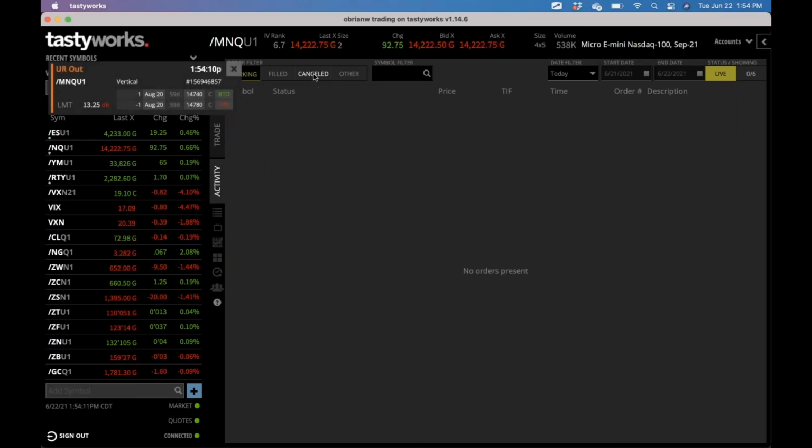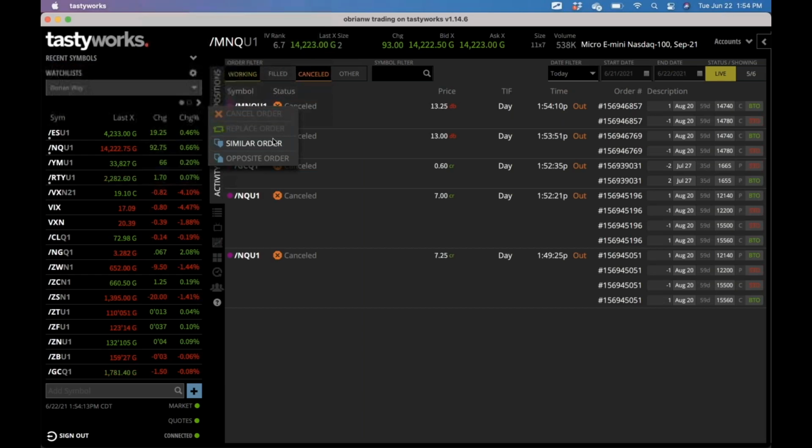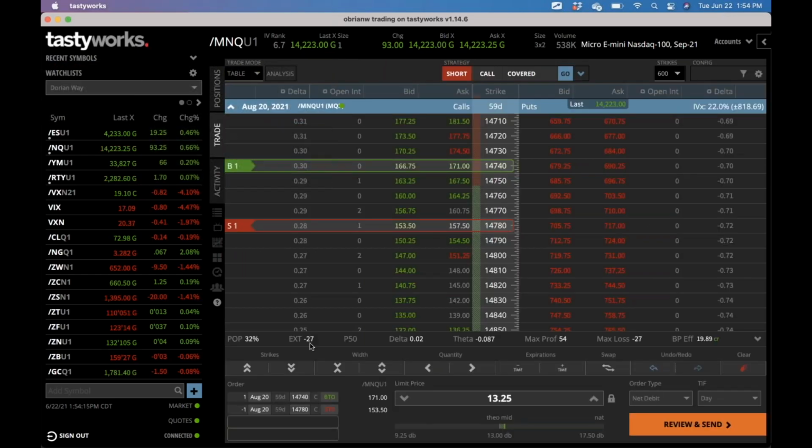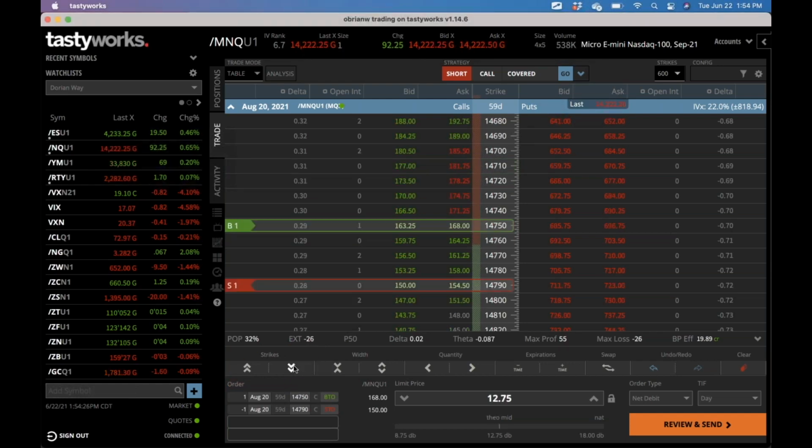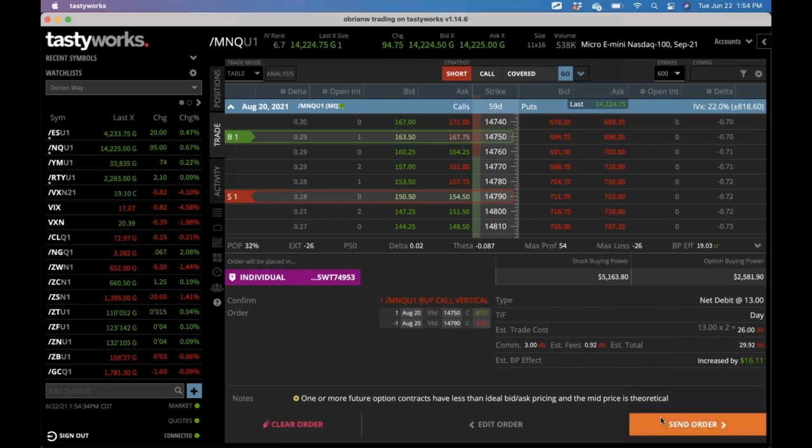We're going to delete that, go back in, do a replace order, and then what we're going to do is, on the TastyWorks platform, you can move it away from at the money by using these arrows down here. So we're going to use these arrows, and we're going to move it away a little bit. All right, so that is there, and we're going to put in 13. We're going to send this and see if this is going to get filled this time.